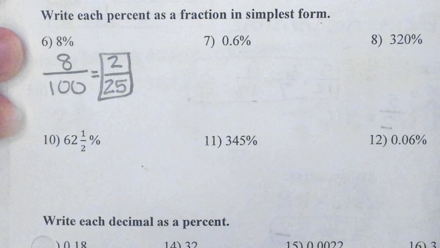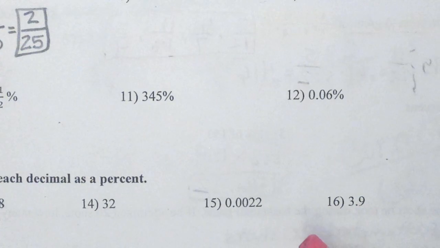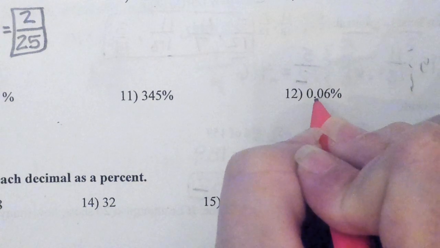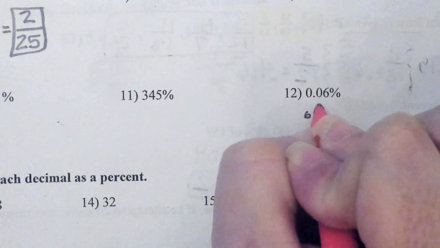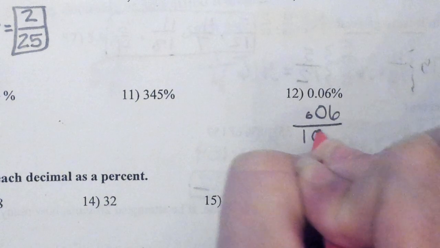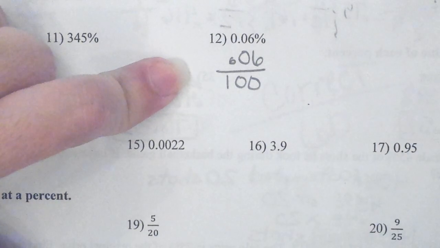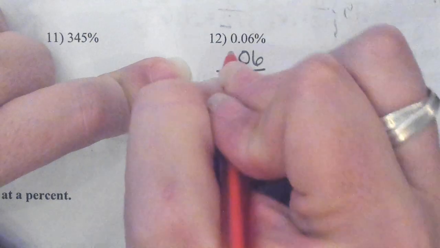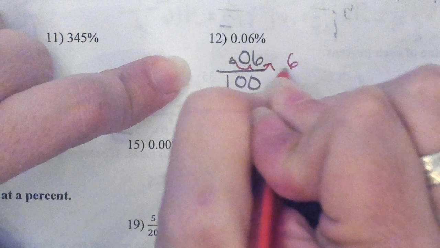Because when I try to simplify it, on number 12, guys, you do have to write it on top of 100. But you have to remember that if it is a decimal on top of a fraction bar, you can't leave it that way. You're going to have to move it twice to the right.